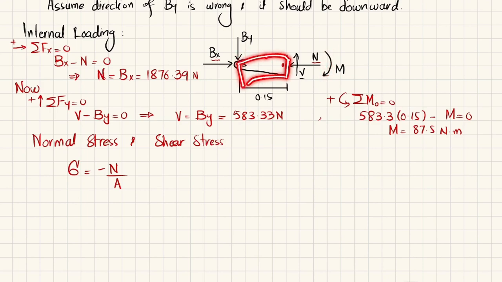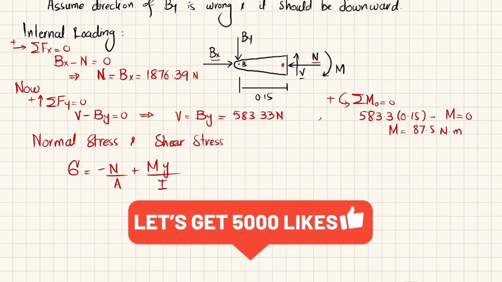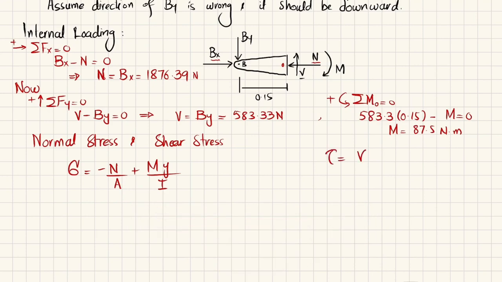We are interested in finding out at section AA, so the upper layer will be in tension, so the bending stress will be positive. It will be equal to plus M times y divided by I. Clear? And due to the shear force V, we will have shear stress equal to V times QA divided by I times T.